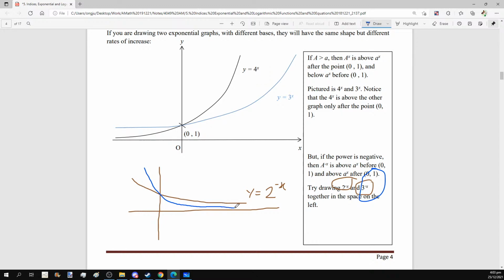So on the positive side, which is the left, he is bigger. On the negative, or rather on the negative x input side, where the indices are positive.